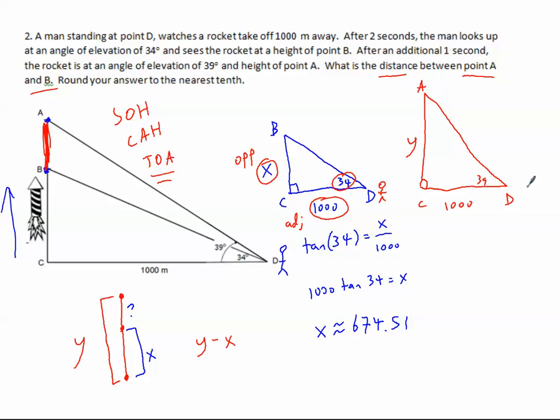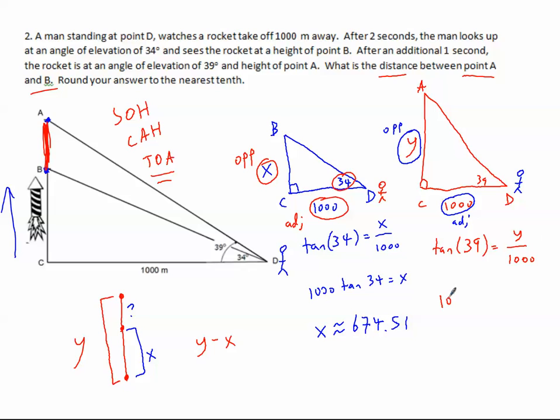Let's find y. If we have our angle right here, we're going to write that as 39. We'll come back and fill in the rest later. Looking across from our angle, we have y, which is the opposite, and we have 1,000, which is still adjacent. So again, opposite and adjacent. We're going to be using the tangent again. So the tangent of 39 degrees is equal to opposite over adjacent.